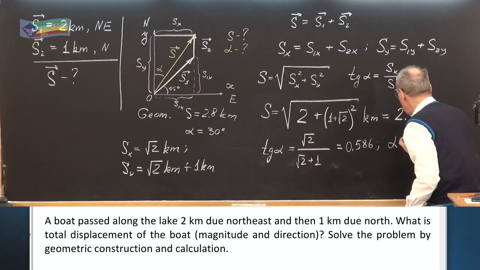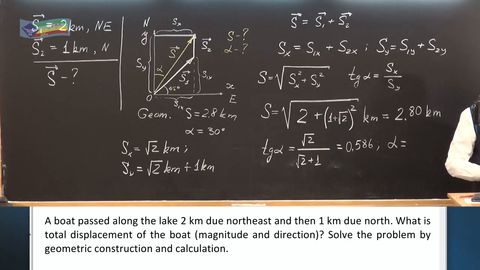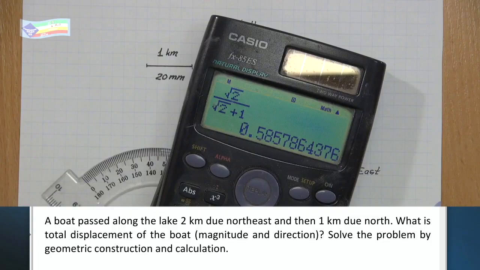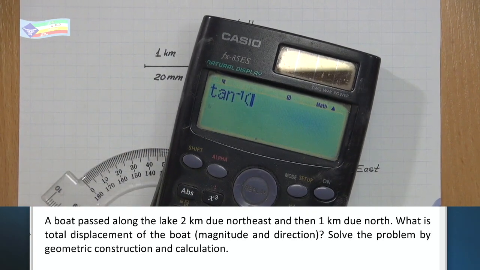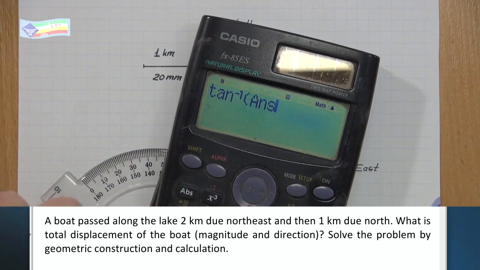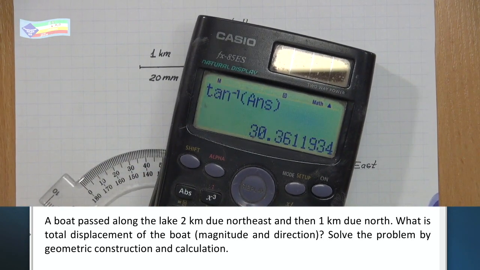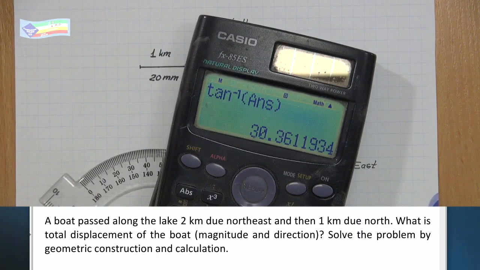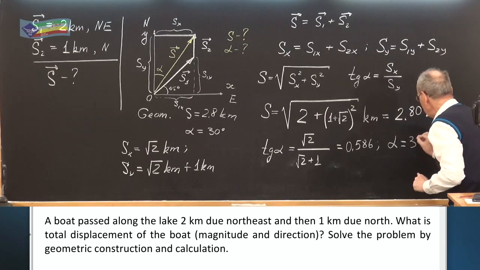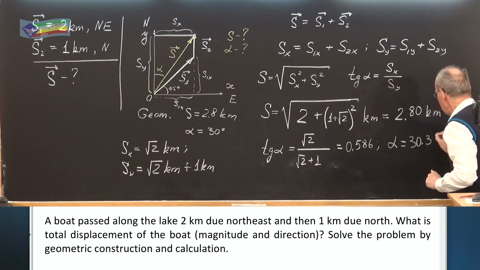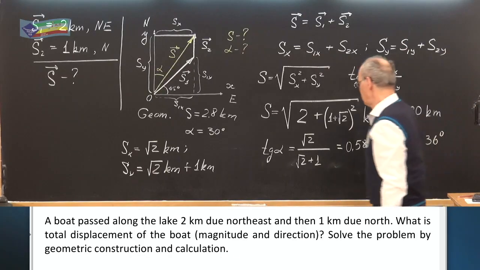So alpha equals arctangent of 0.5858, which is 30.36 degrees.